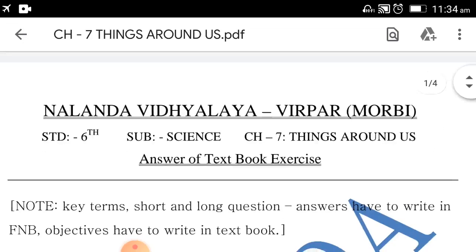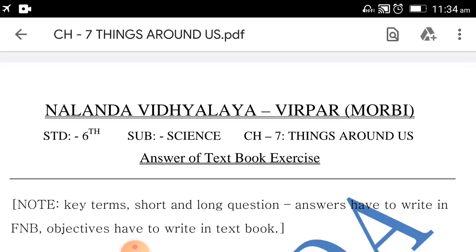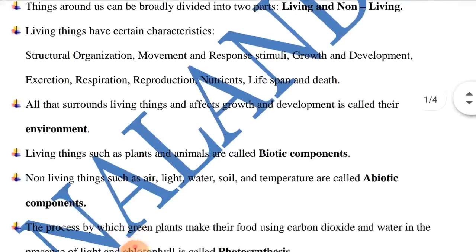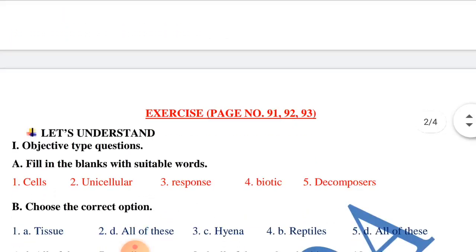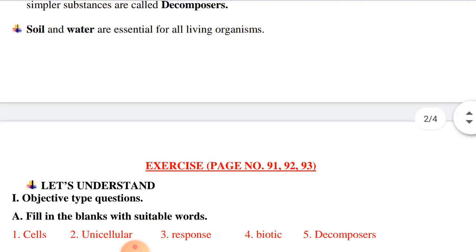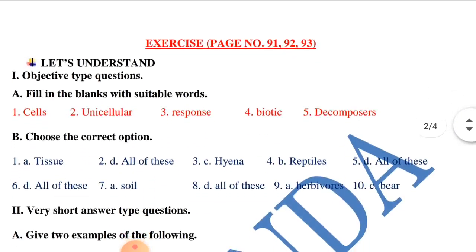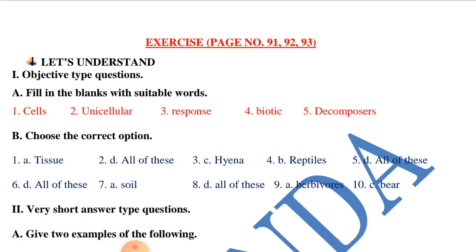First of all, you have learned key terms, right? Then in your exercise, page number 91, 92 and 93, in objective type questions, first, fill in the blanks with suitable words.